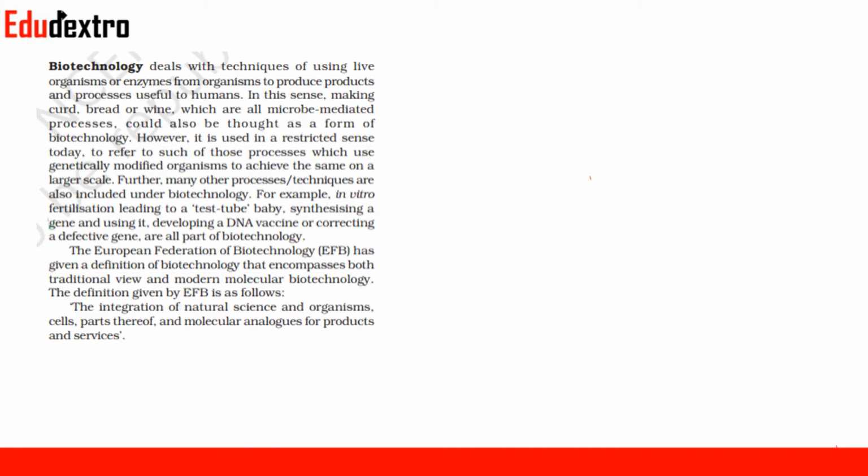Biotechnology deals with techniques of using live organisms or enzymes from organisms to produce products and processes useful to humans. So this is a kind of primitive form of the definition for biotechnology, wherein we use live organisms like microbes and the enzymes which are produced from these organisms to produce some products and some processes which are useful to humans.